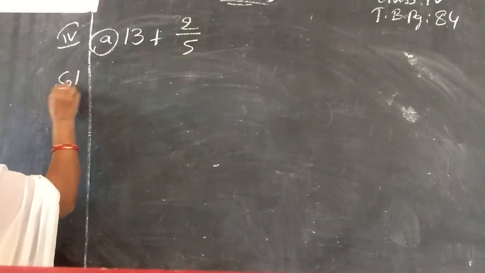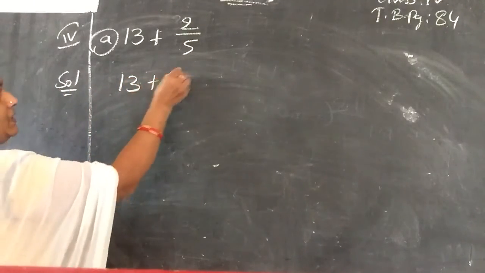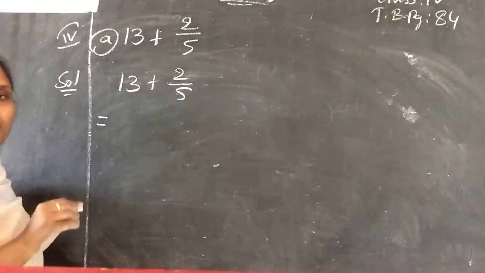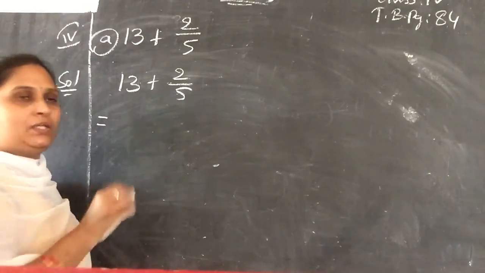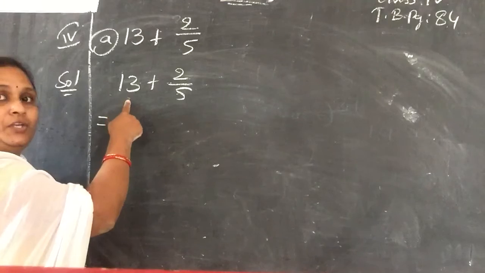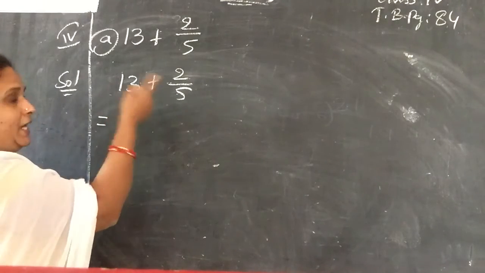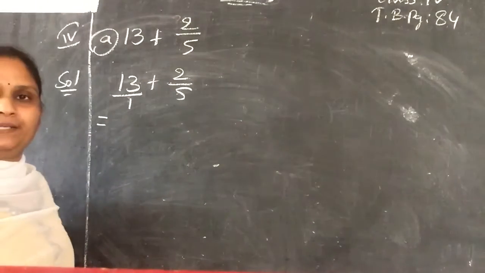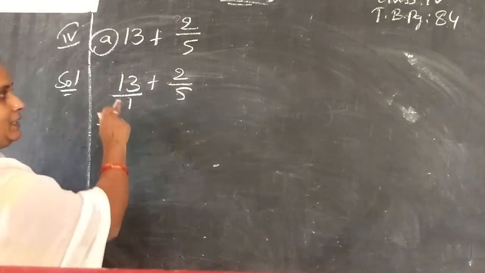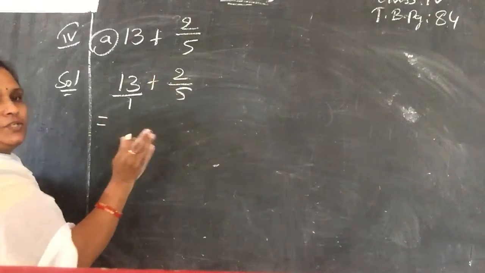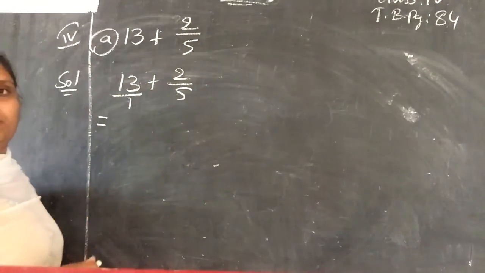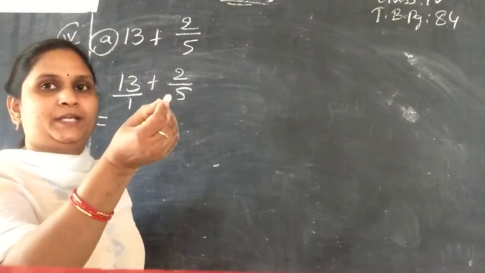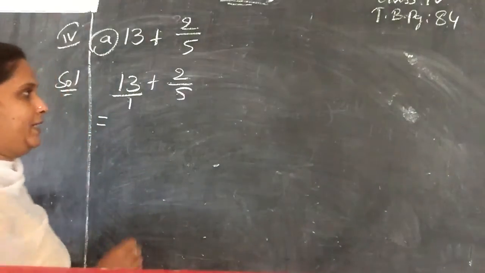So how to do that? 13 plus 2 by 5: below the whole number, whatever it is given, take it as a numerator, and below that imagine 1 as a denominator. Directly 13 plus 2 by 5 you should not add. If it is a whole number, it becomes the numerator and the denominator will be 1.